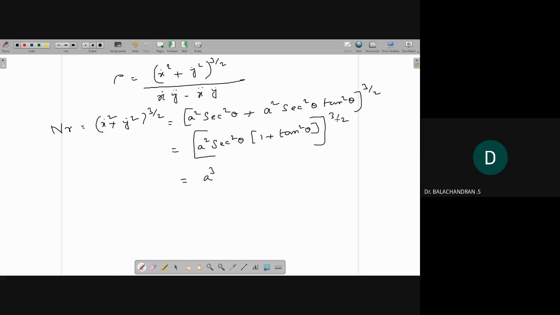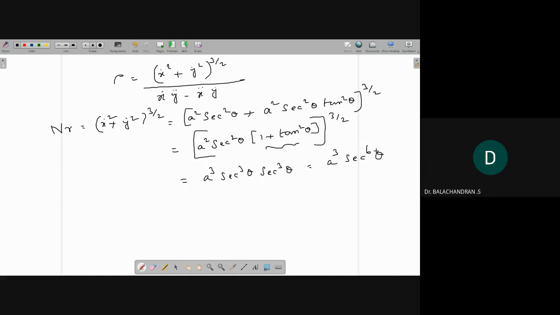Secant square theta whole power 3 by 2 is secant cube theta. So you get a cube into secant power 6 theta.